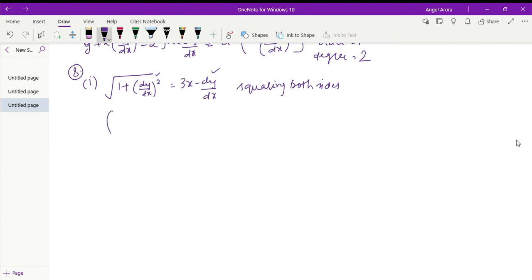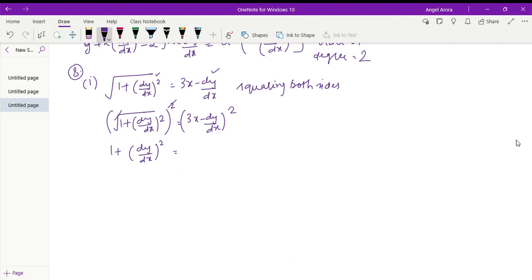Squaring both sides, 1 plus dy upon dx whole squared. The square and square root will be cancelled. So 3x minus dy upon dx squared. On the left hand side we get 1 plus dy upon dx squared, and on the right hand side a minus b squared, so a squared plus b squared minus 2ab.